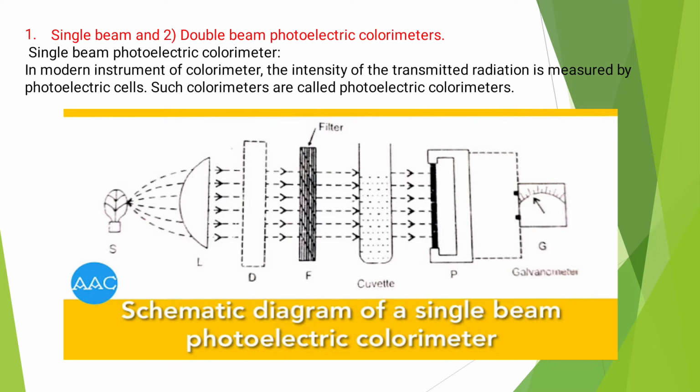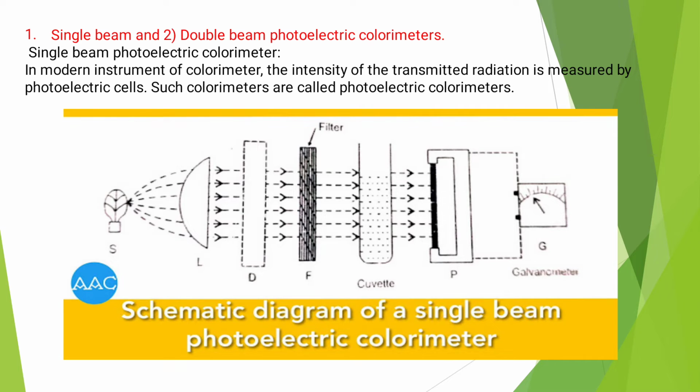See, in the given diagram, the different components are given for the single beam photoelectric colorimeter. Which components are included in the single beam, and what is the difference between the single beam and double beam?